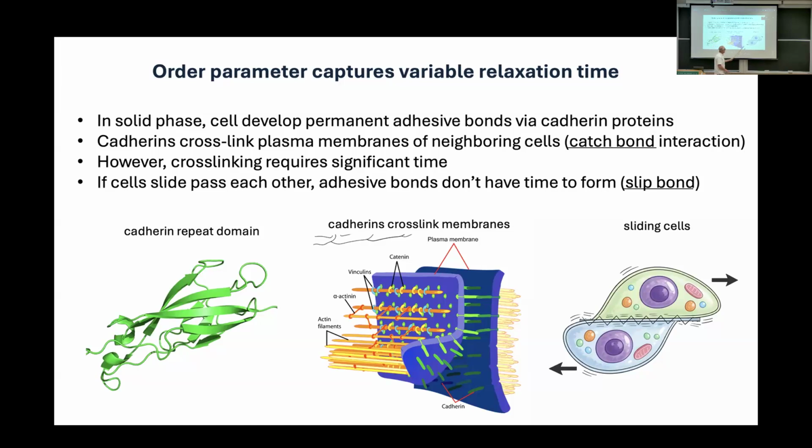If cells slide past each other under the same force, they actually don't form these bonds. Forming these bonds requires time, and if they initially slide, the bonds are not formed. As a result, you have two different states, which are captured by the order parameter. If all the bonds are adhesive, the order parameter will be 1, and if all the bonds are sliding, it will be 0.